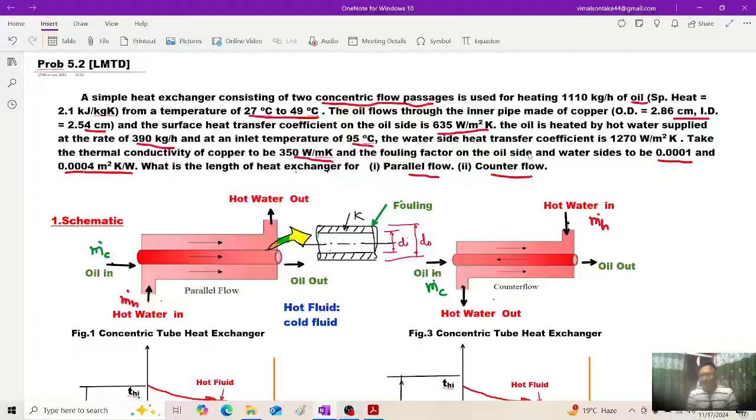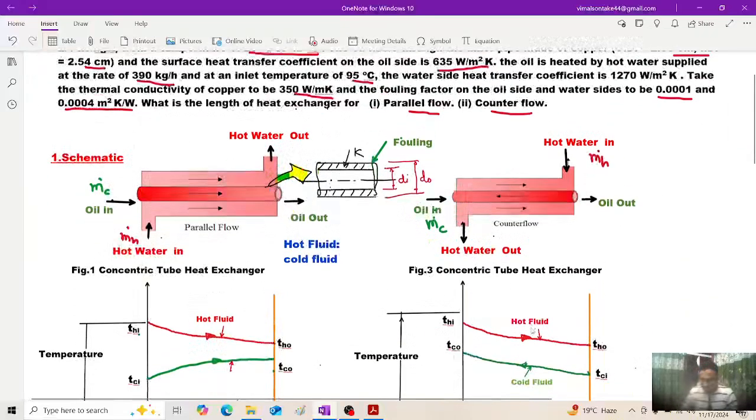And here fouling phenomena is taking place. So fouling factors will come into picture. Inner tube is having outer and inner dia, so it is having sufficient thickness and its material will have finite thermal conductivity.